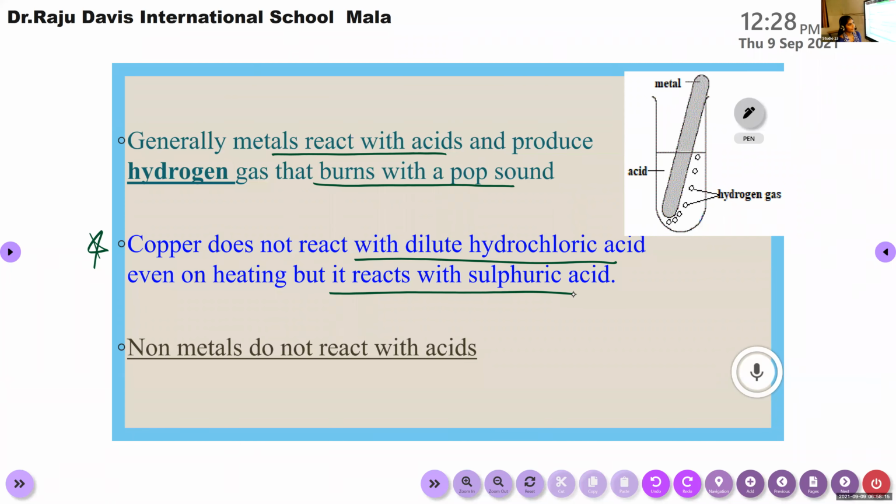Gauri Shankari. Present. Sriram. Present, ma'am. Adityan. Present. Abhinand. Present, ma'am. Abhinav Bijoy. Present, ma'am. Abhinav PA. Present, ma'am. Ahmad Afin. Present, ma'am.